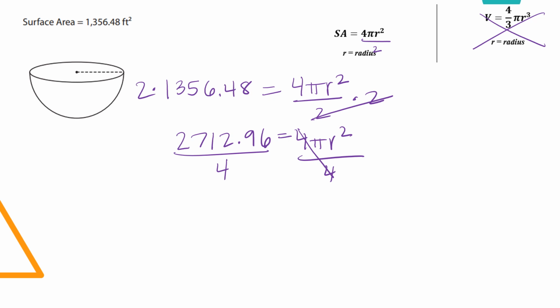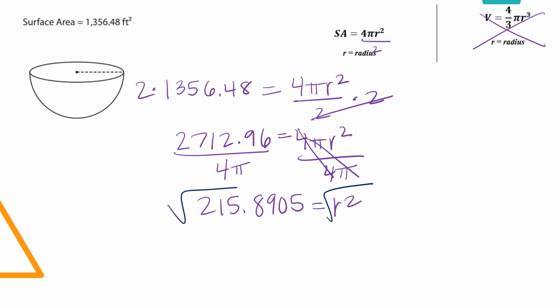And again, this isn't the nicest number. I got 215.8905. Oh no, I think I divided it by pi too here. I forgot. So I divided it by 4 and pi all in one step and got r squared by itself. Then to get r by itself, you need to take the square root.